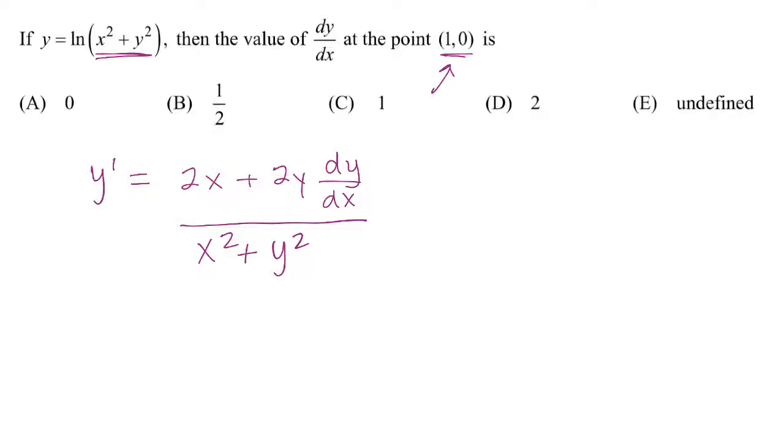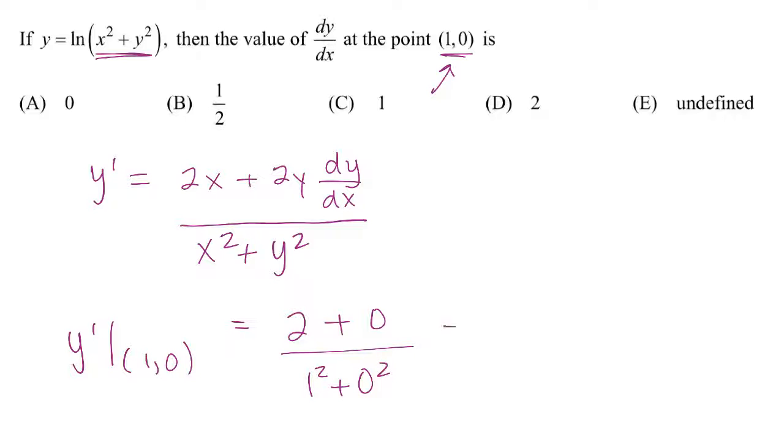Now we're going to evaluate y prime at the point 1, 0. So we're going to have 2 plus, well, that 0 in place of y, every bit of that's going to go out to 0 over 1 squared plus 0 squared. So we have an answer of 2, which is answer choice D.